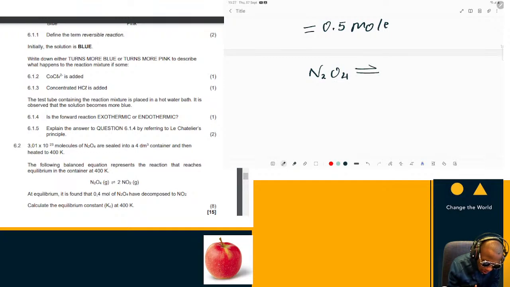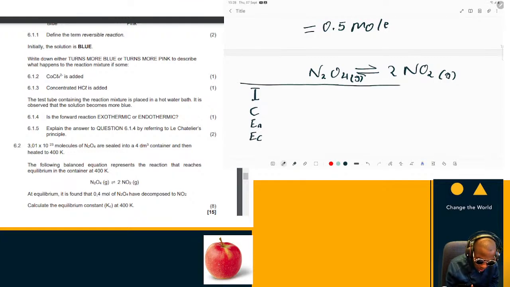Here is our reaction: N2O4 goes to 2NO2, both in the gas phase. The ICE table has the initial number of moles, then the change, then the number of moles at equilibrium, then the concentration at equilibrium.